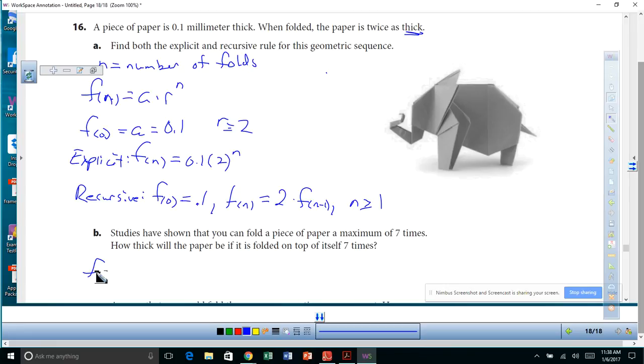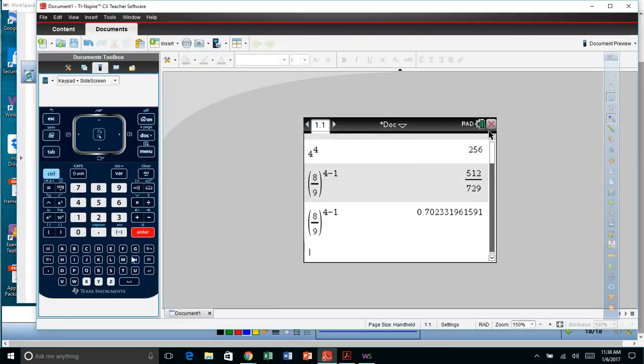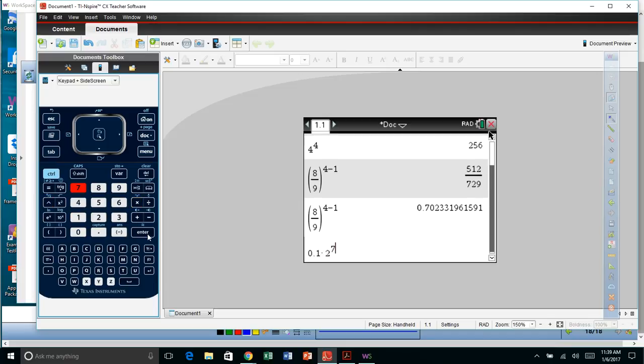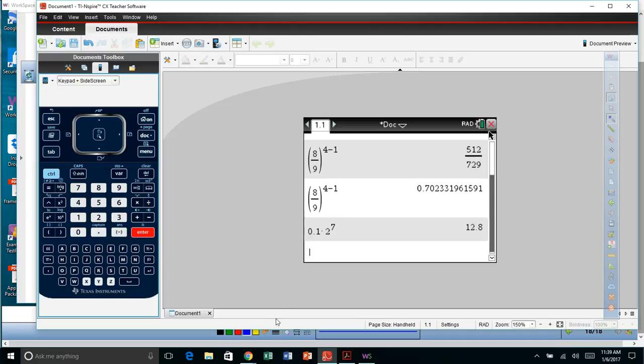So F of 7 equals 0.1 times 2 to the 7th power. Let's do that in our calculator. 0.1 times 2 caret 7, and we get 12.8.